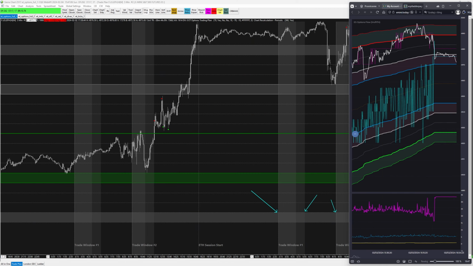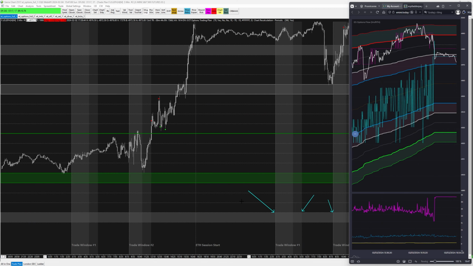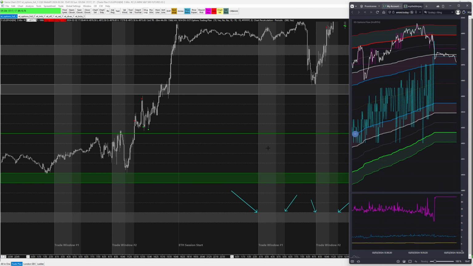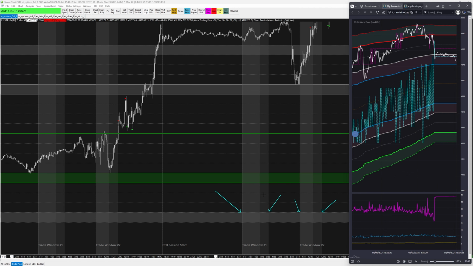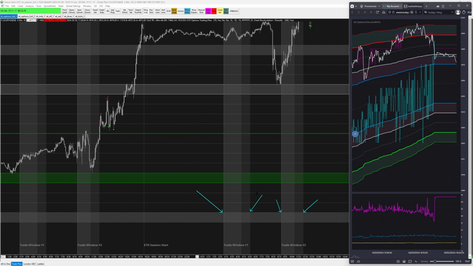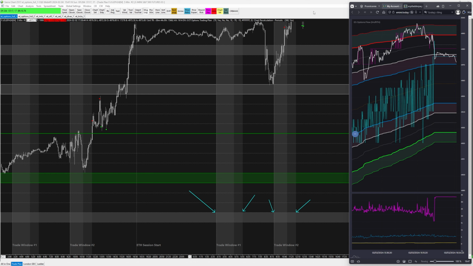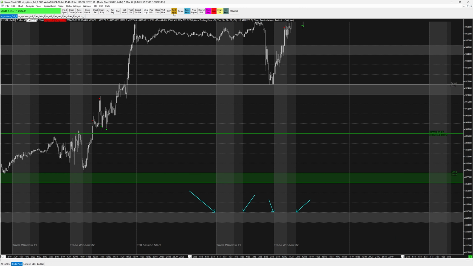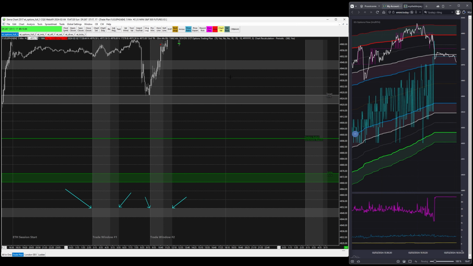So let me get to the beginning of this. Okay, so let's do this. Basically, the dealers, in this case bullish, is this violet line at the end of the session, right?